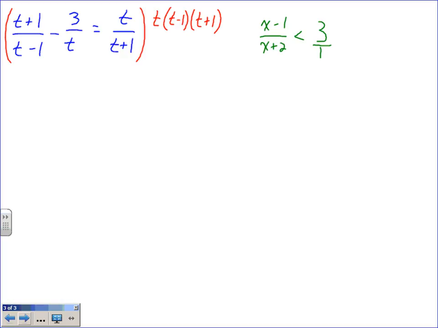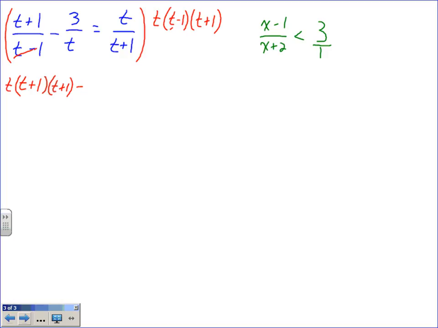All right, so let's distribute that common denominator. In the first one, the t minus 1 will cancel with this t minus 1. And I've got t plus 1 times t times t plus 1. You see it?